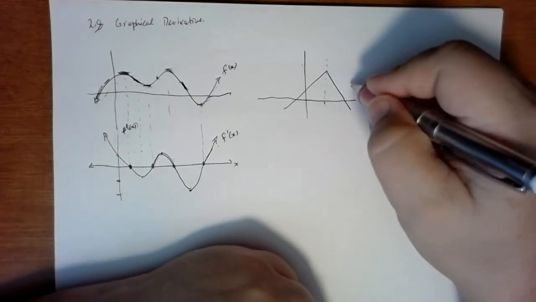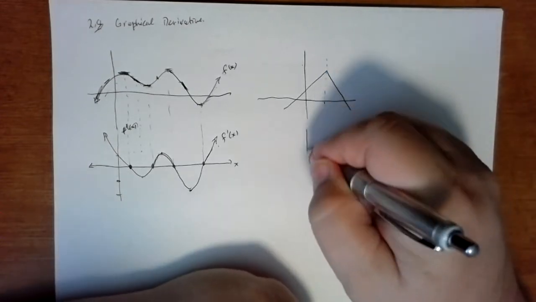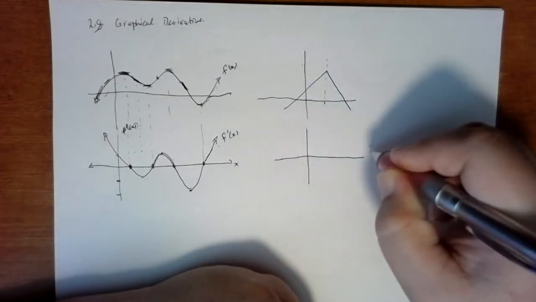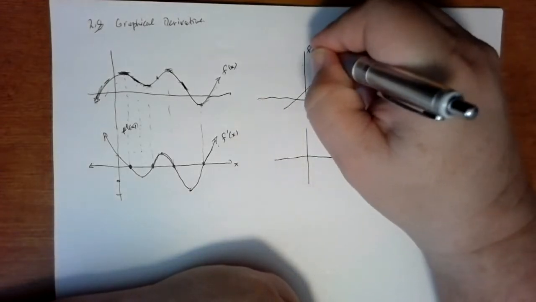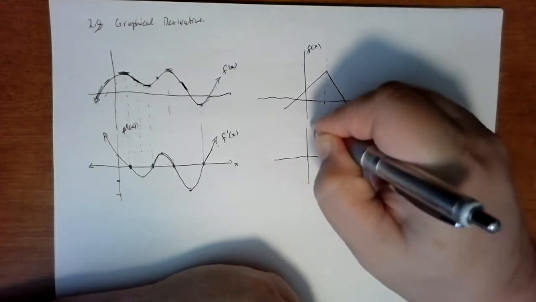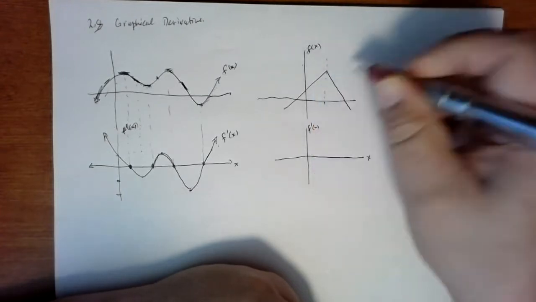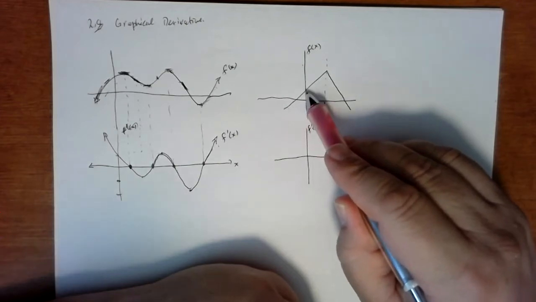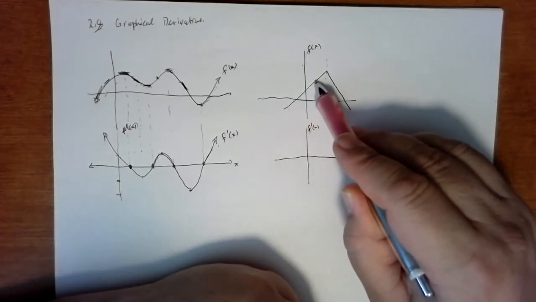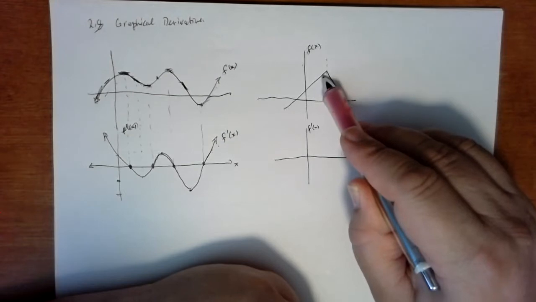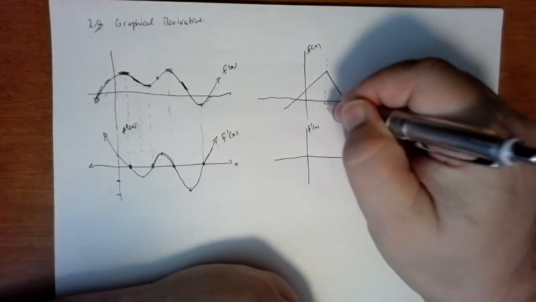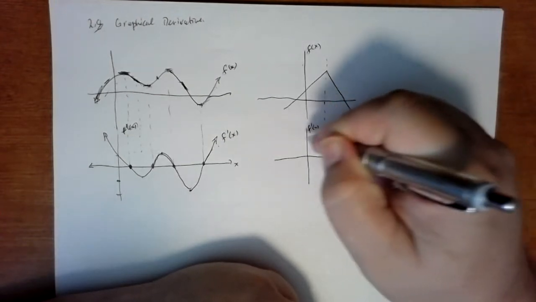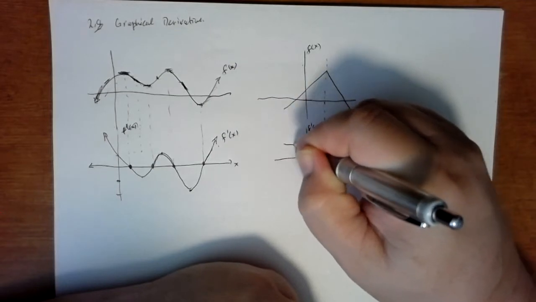If you were to try to draw the derivative, this is your function f of x, and we're drawing the f prime of x. What you're looking at here is the local slopes. It looks like the local slopes here don't change. They are about 1. And so up to this point, the local slopes are going to stay equal to 1.